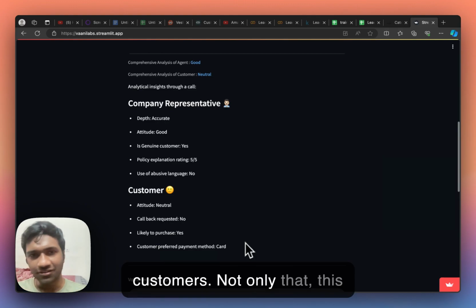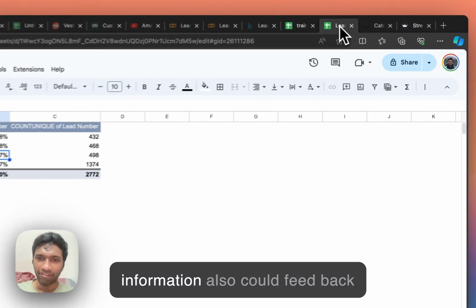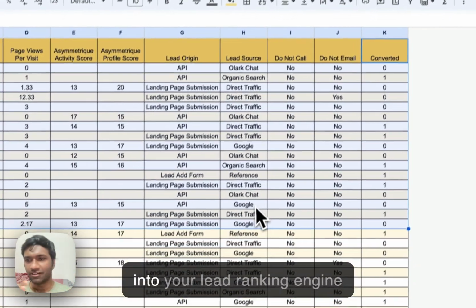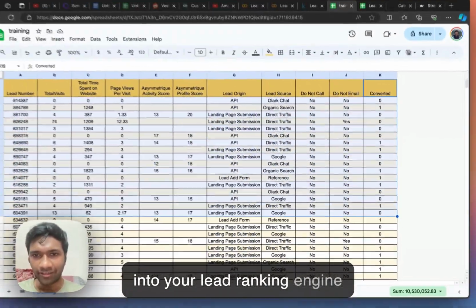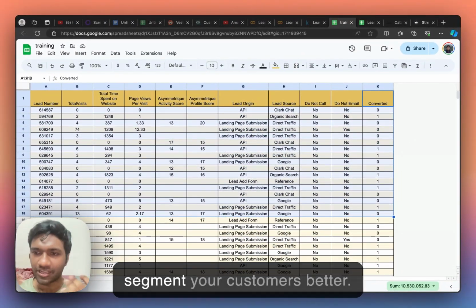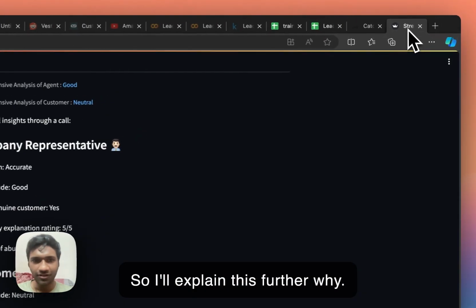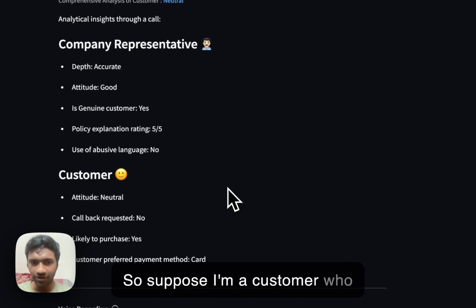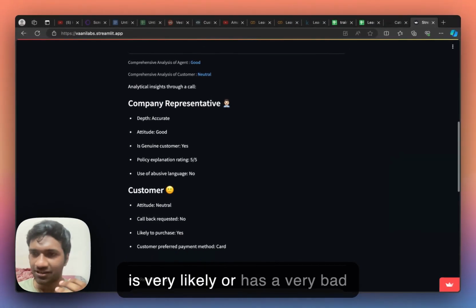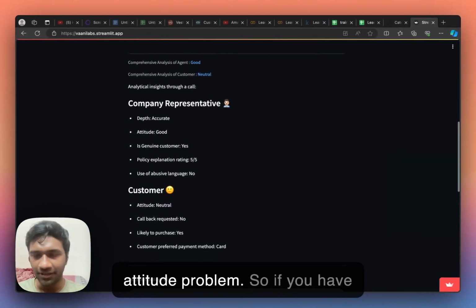Not only that, this information also could feed back into your lead ranking engine and help you understand or segment your customers better. I'll explain this further. Suppose I'm a customer who has a very bad attitude problem.